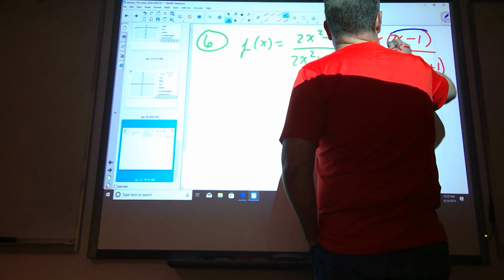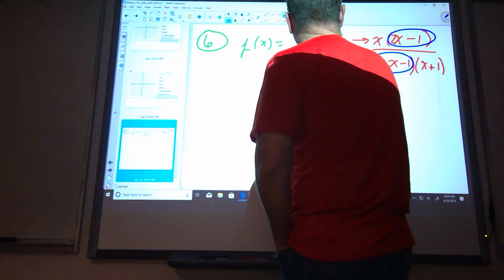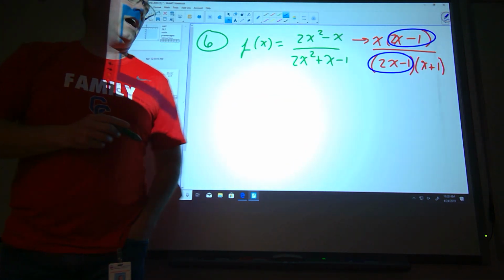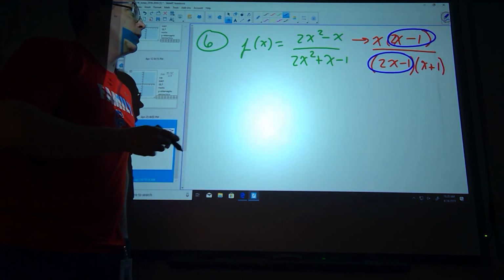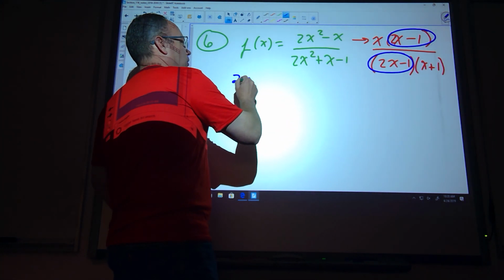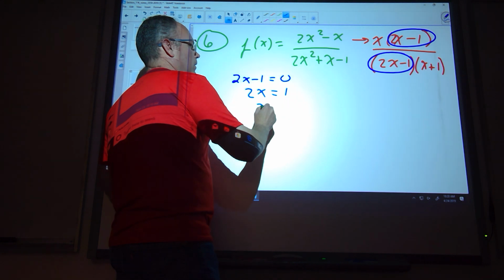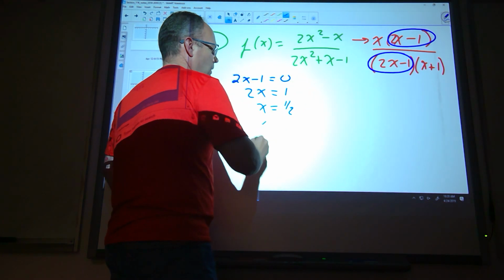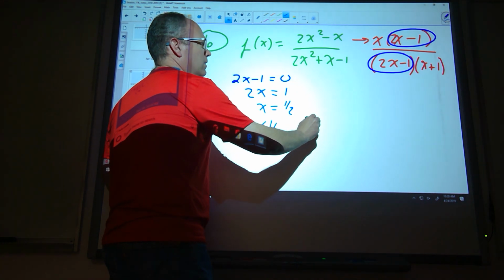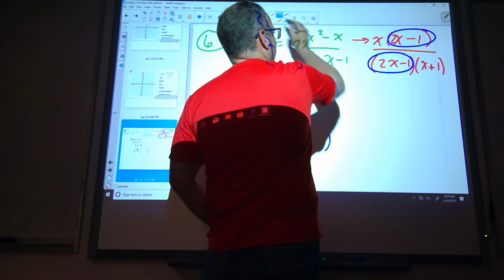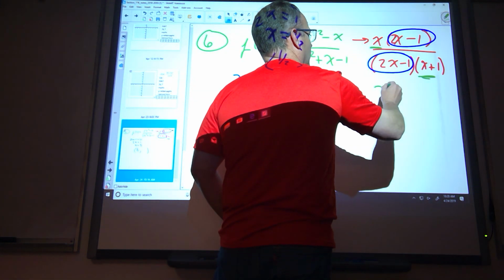So these produce our hole. They will not produce a vertical asymptote. So solve 2x minus 1 for 0. So x equals half. So at half comma something. I'm going to use what's left to figure out where the hole exists.